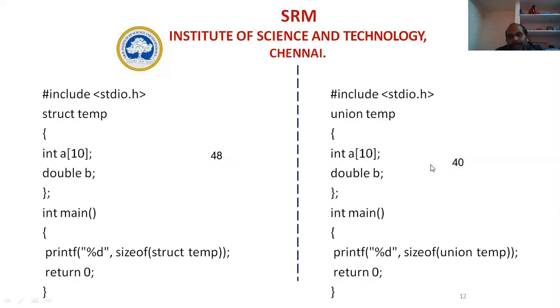Yet you can store an integer as well as a double. That is the main difference between structure and union, in terms of memory optimization. The memory is not effectively utilized in a structure, whereas in a union the memory is optimized.